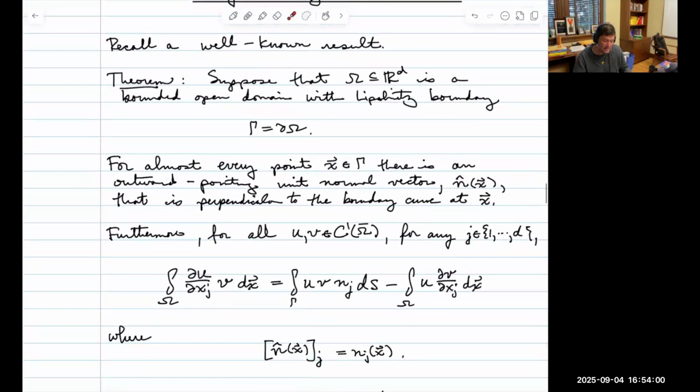If you don't like thinking about sets with corners on them, just think of, for now, an open bounded set with a really smooth boundary. Open bounded set with a nice boundary. The boundary we're going to again call gamma. For almost every point on gamma, there's an outward pointing unit normal vector that is perpendicular to the boundary curve.